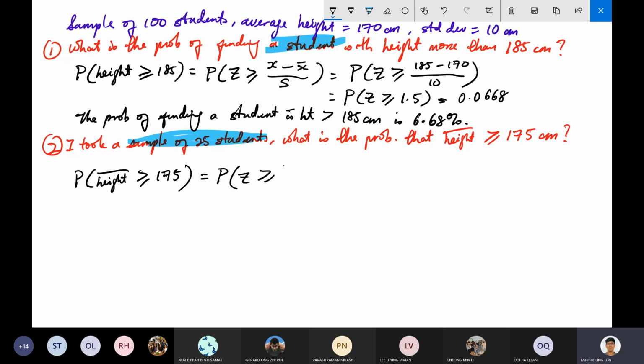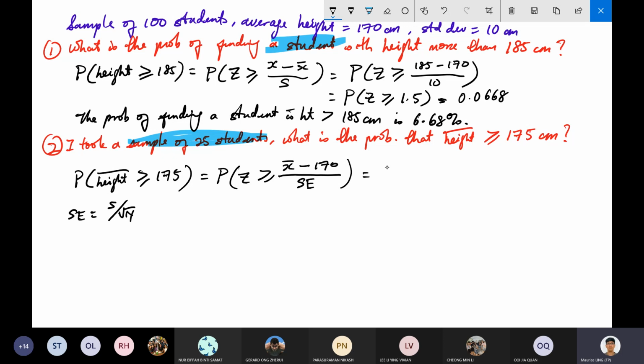I still have my x, my average height, minus this height, which is 170, divided by, now the standard deviation is different. I have to use the standard error. So how do I use the standard error? Remember standard deviation? Standard error is actually standard deviation divided by square root of n.